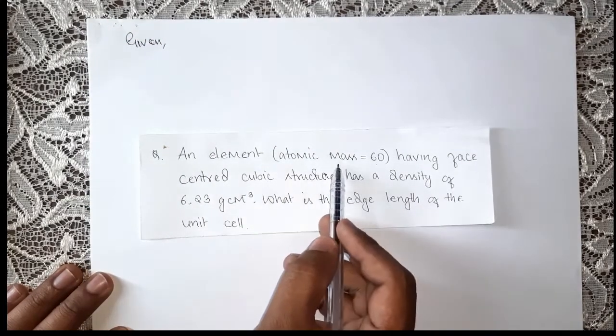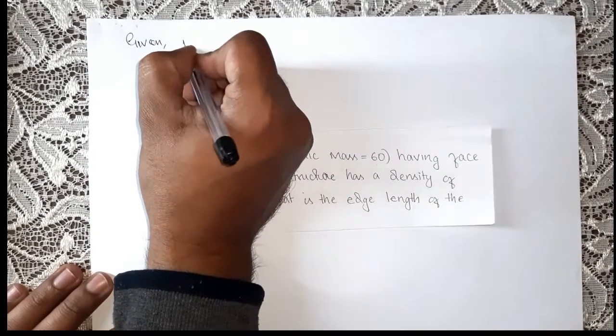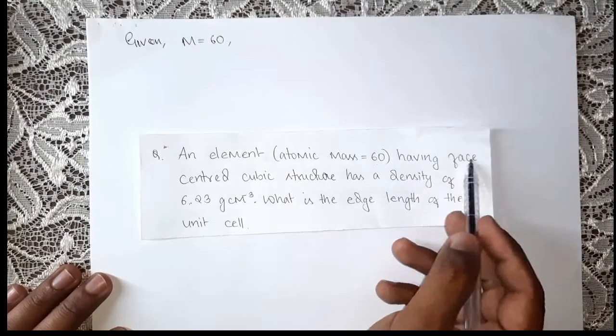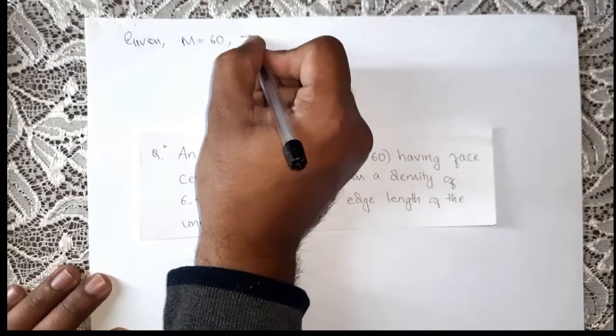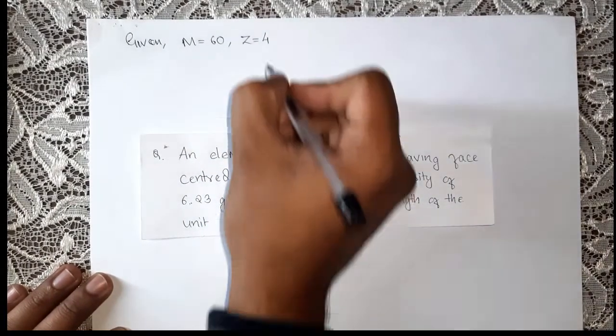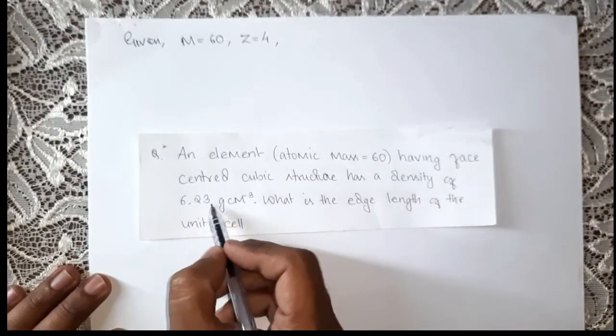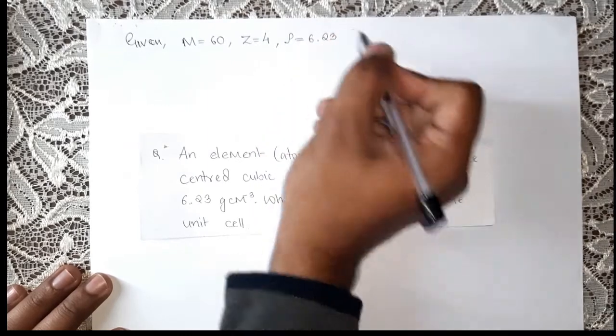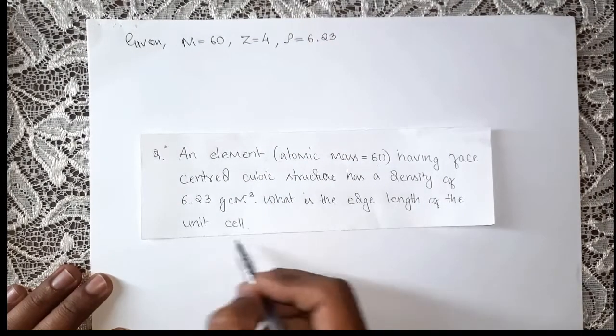An element having atomic mass 60, so M becomes 60, having face centered cubic, so Z will be 4, and then has a density of 6.23. What is the edge length of the unit cell?